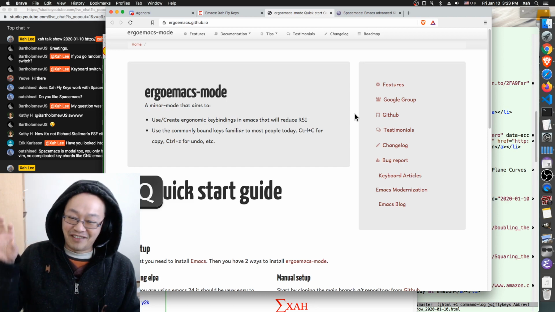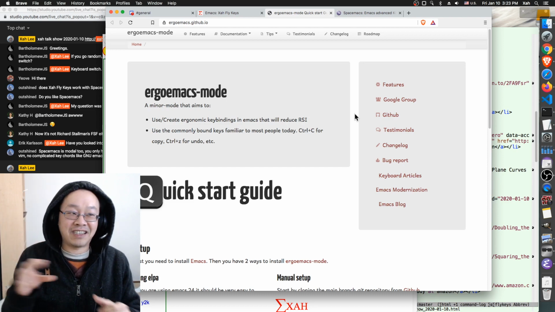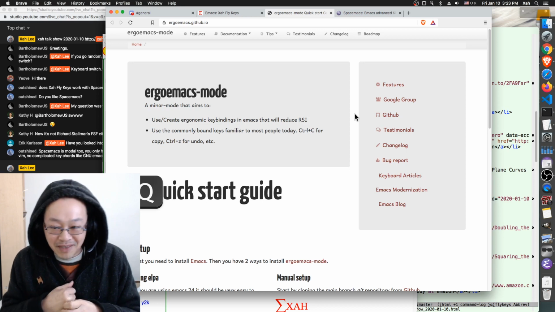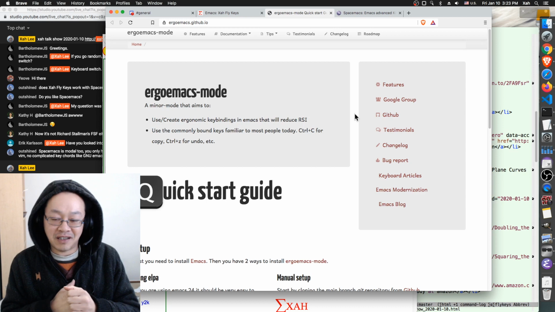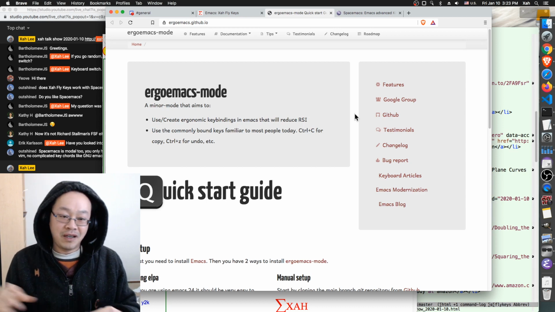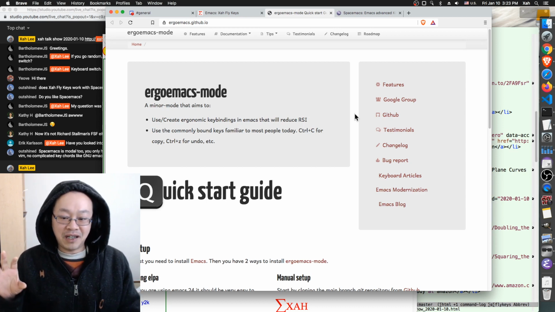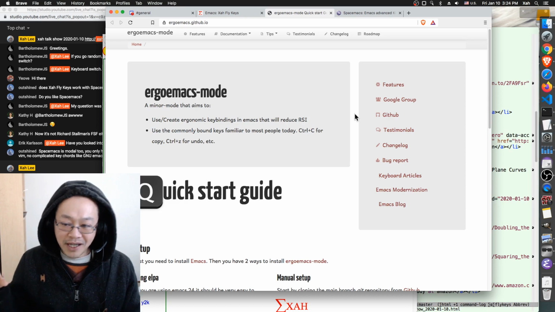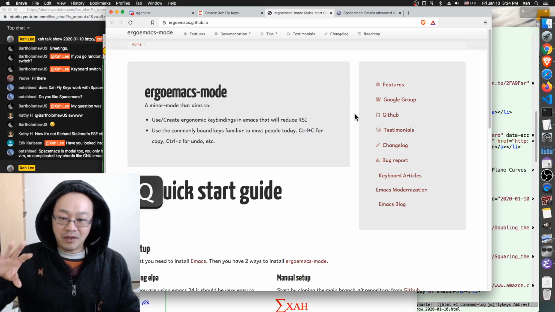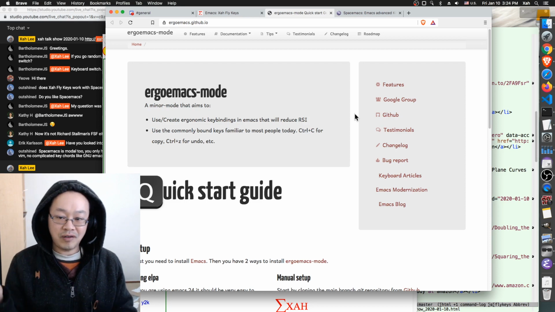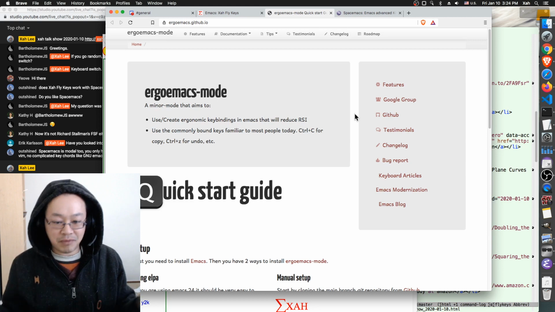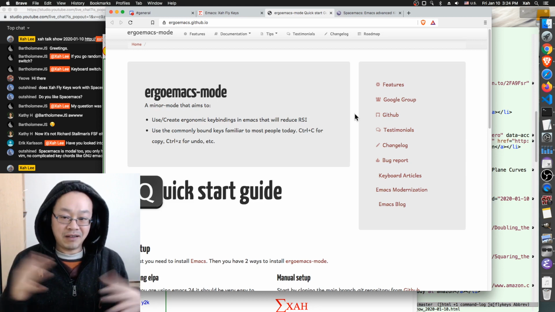So today the code in ergoemacs is extremely complex. Some people would call it bloated. Why is that? Because there's a good reason. If you install ergoemacs, Matt's goal is that it works in every major mode. It just works. That's his goal.